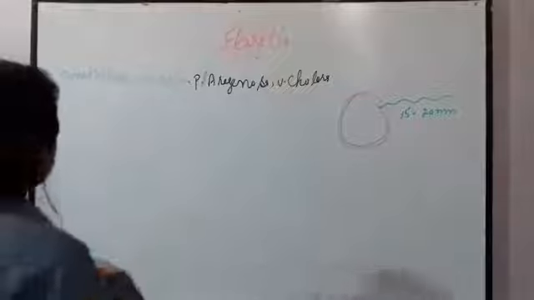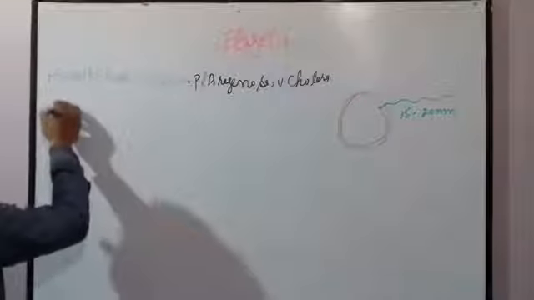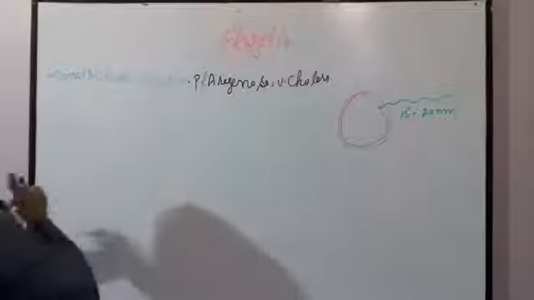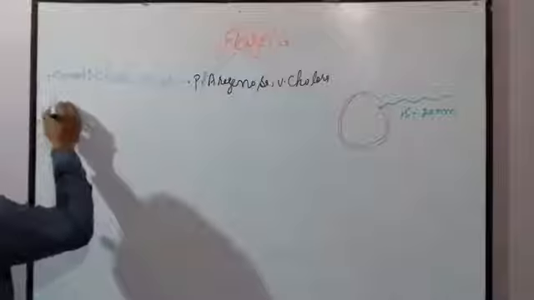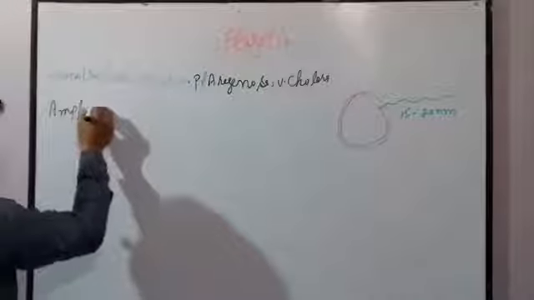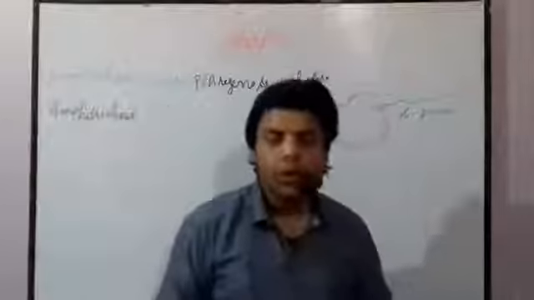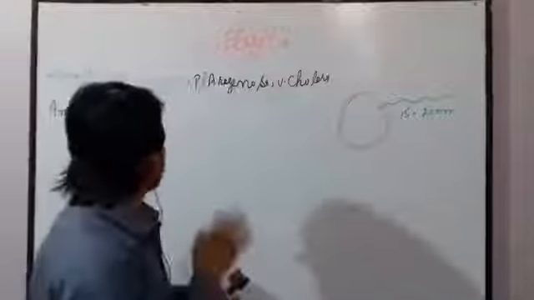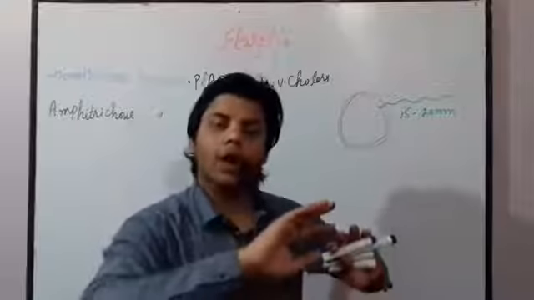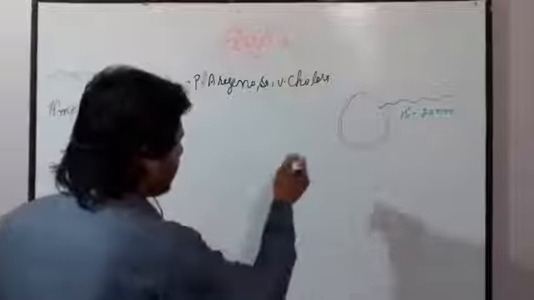The second type we have is amphitrichous. Amphitrichous bacteria are those bacteria which have two flagella at opposite ends.